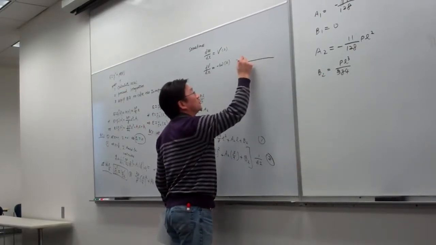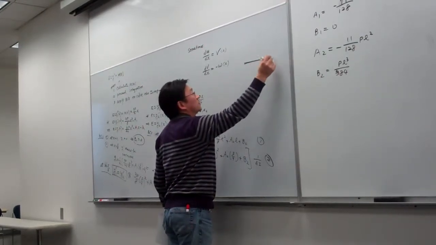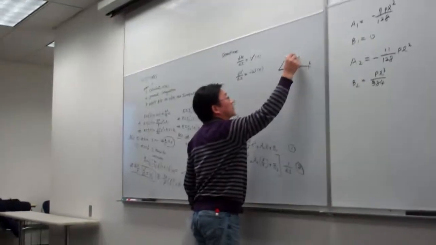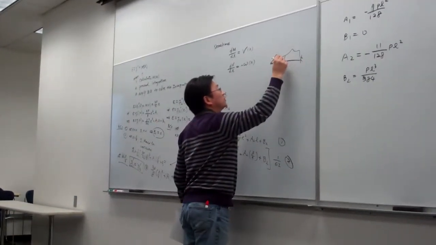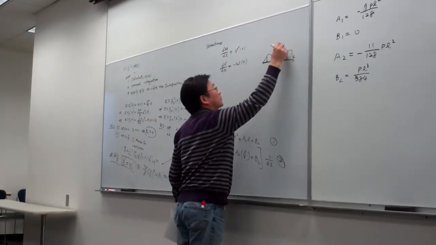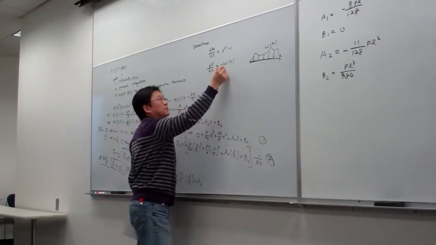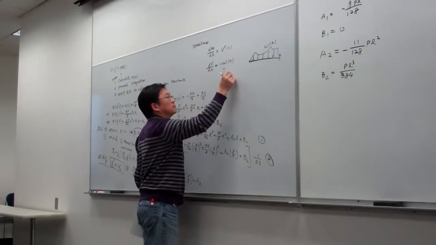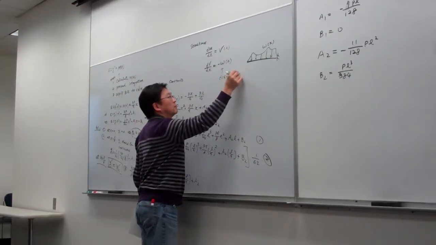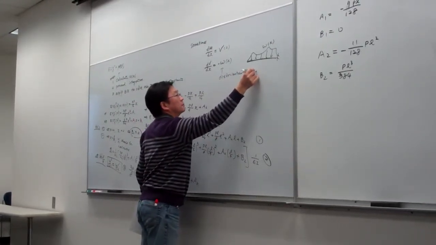What is w? For example, if this is a beam, and this is the distributed loading, this is w of x. So w means the distributed loading.